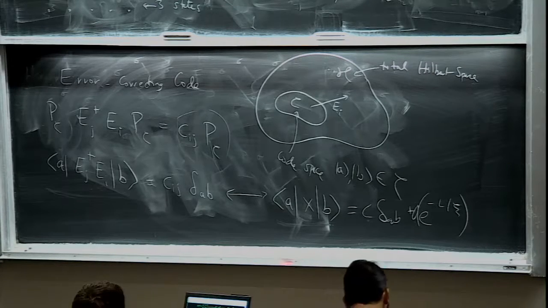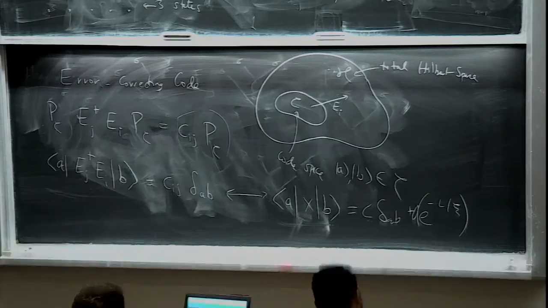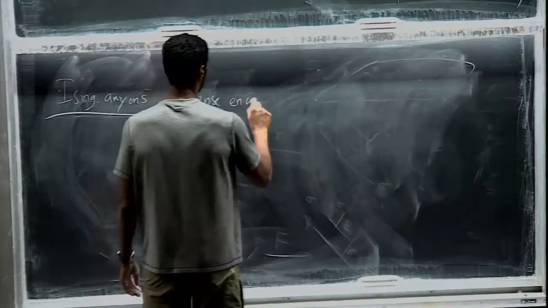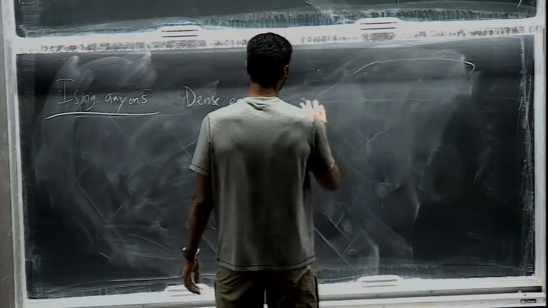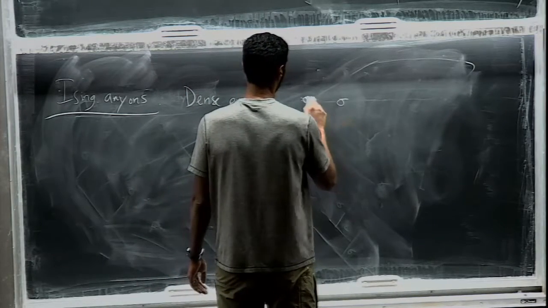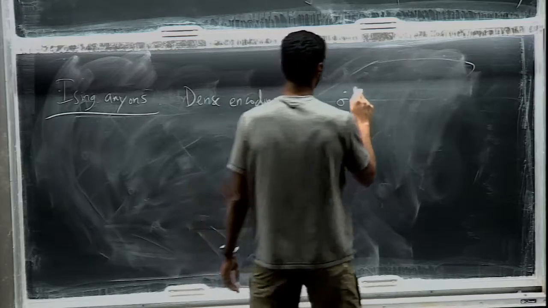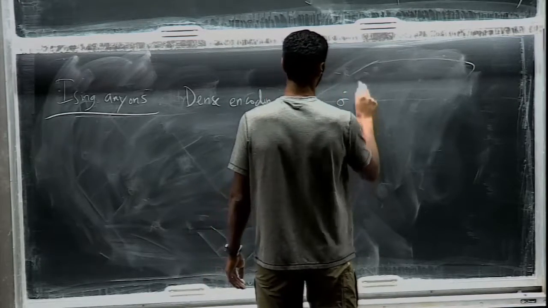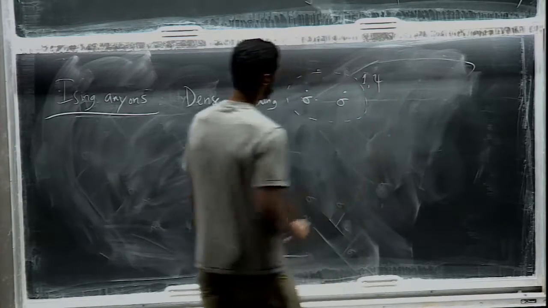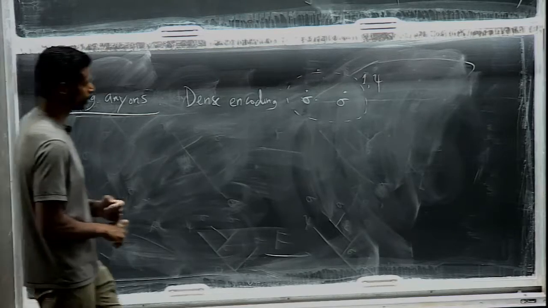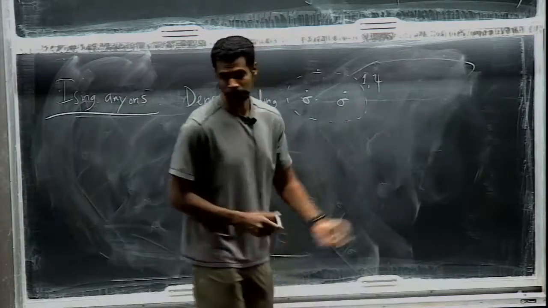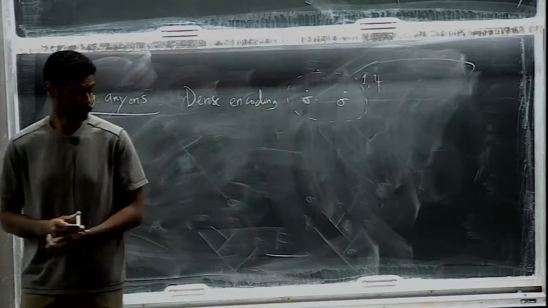There's what's generally called the dense encoding, which is: take two sigma particles, they can fuse to either 1 or psi, and let's call that a qubit. That's a two-dimensional space. Now, this is pretty efficient because you only need twice as many sigmas as you have qubits.